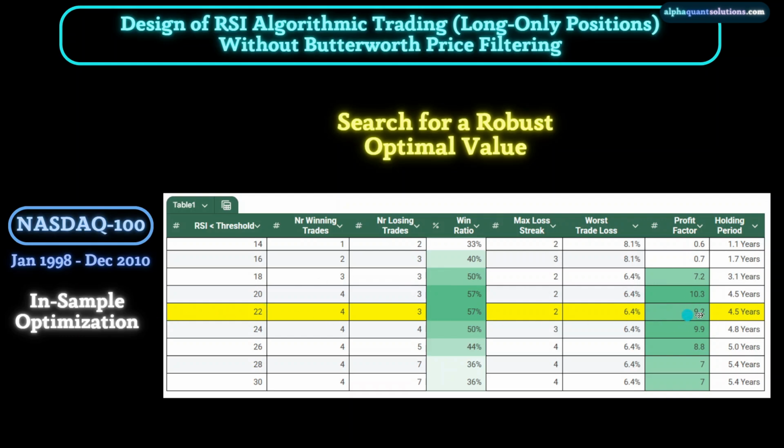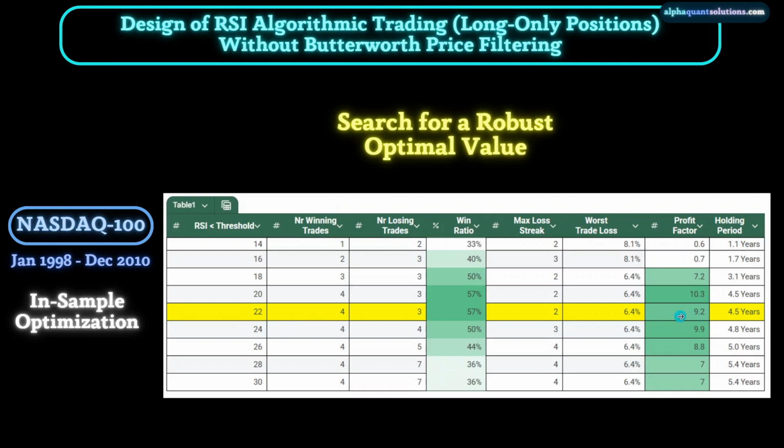So we are better off choosing actually this value here of 9.2 or 9.9 perhaps, but anyway, within this range, so within, let's say, 22, 23, it's a much better robust value than using the one that delivers the highest profit factor. So we'll settle for a threshold of 22 in this case.